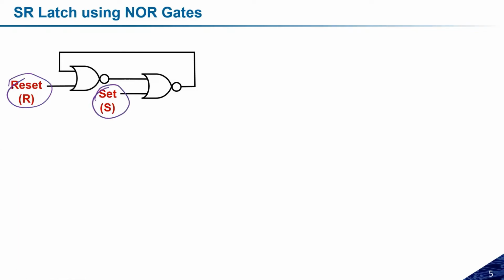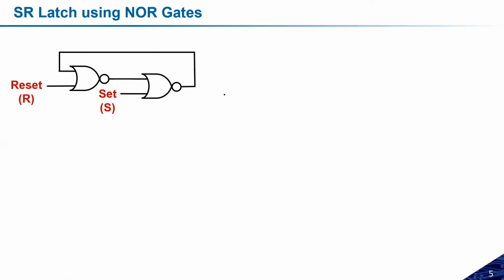And if I want to reset the output, whatever Q I am considering, the output Q, if I want to make this Q logic 1, I need to activate the set and deactivate the reset, and then the output will be logic 1, and vice versa for logic 0. This is how it works. How it works, I will tell you. Just wait, and I will explain each and everything.